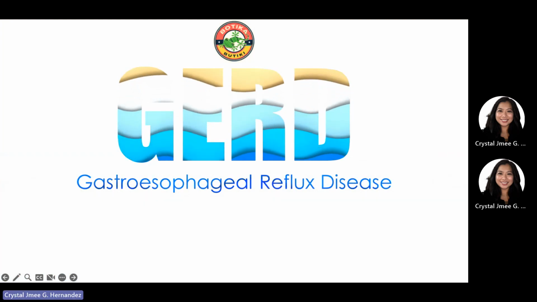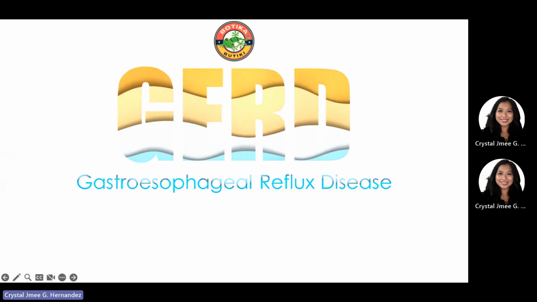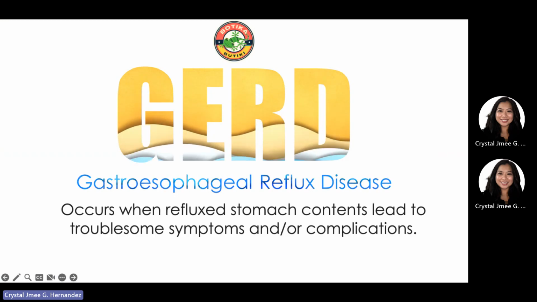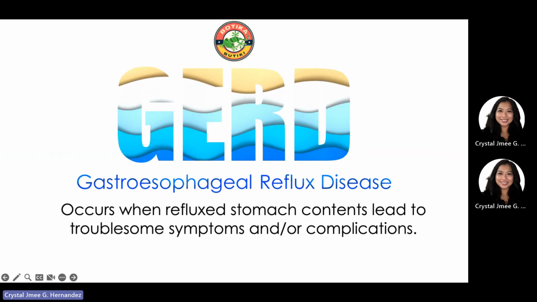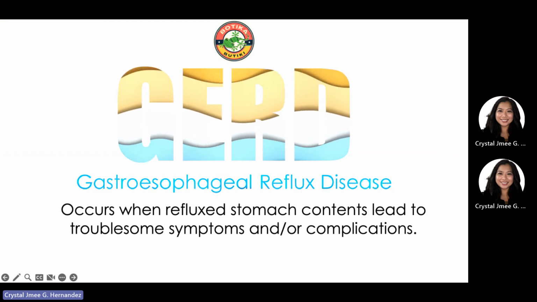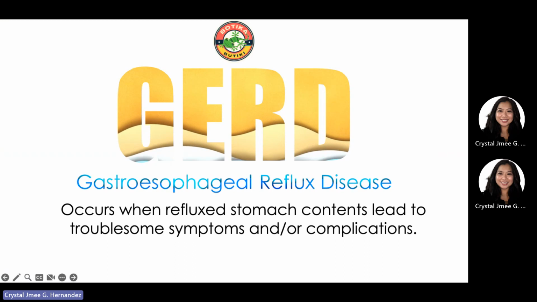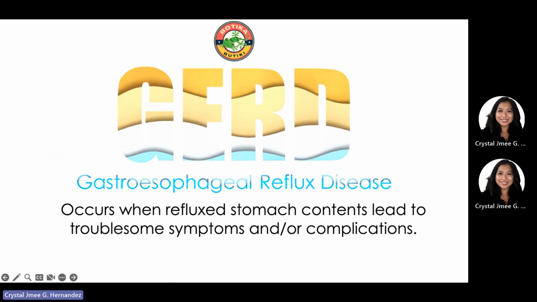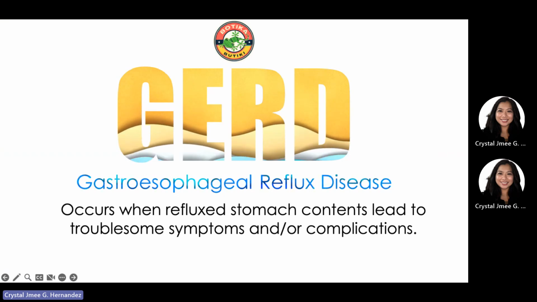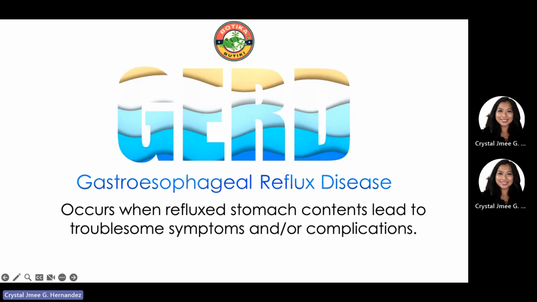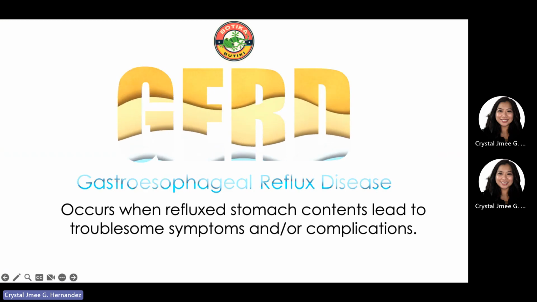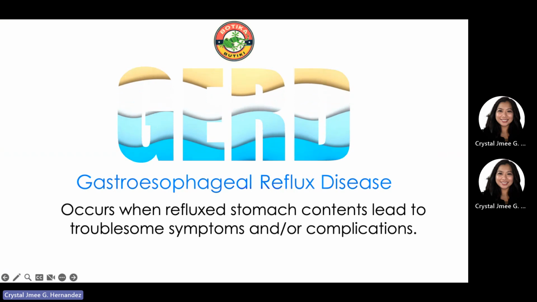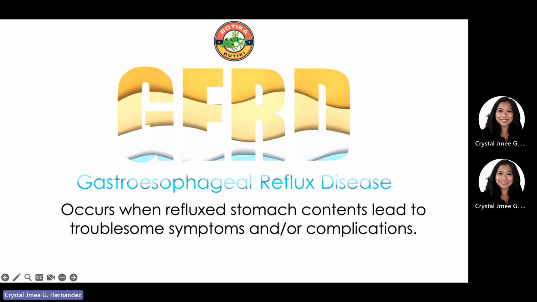To begin with, gastroesophageal or esophageal reflux disease, or GERD as normally termed, occurs when reflux of stomach contents leads to troublesome symptoms and/or complications. So episodic heartburn that is not frequent or painful enough to be bothersome is not included in this definition, although that is one of the most common symptoms observed in this condition.